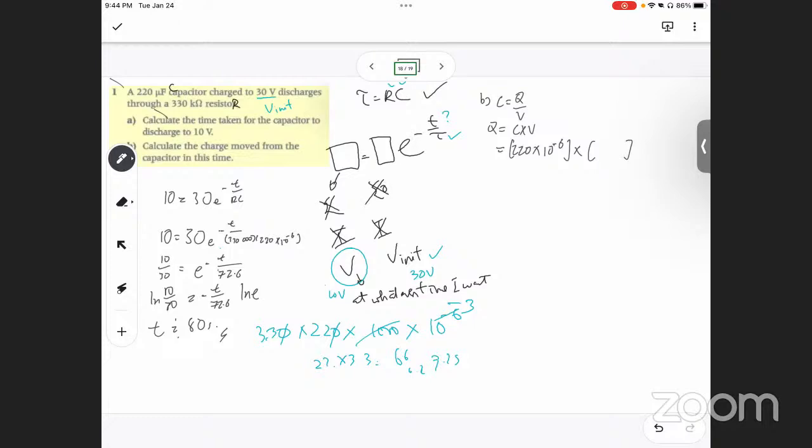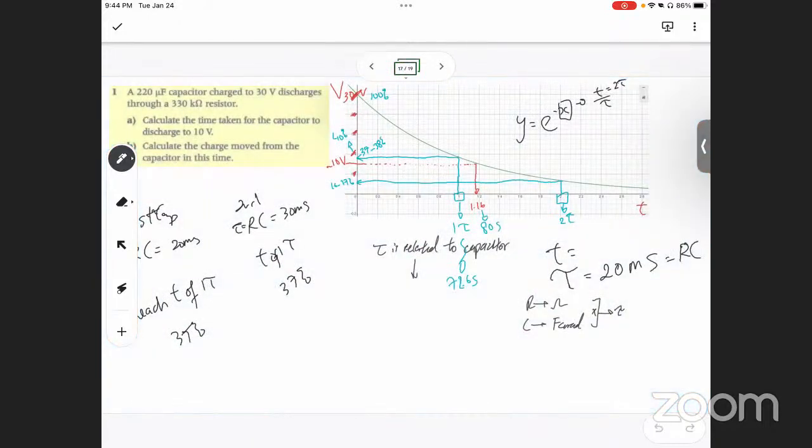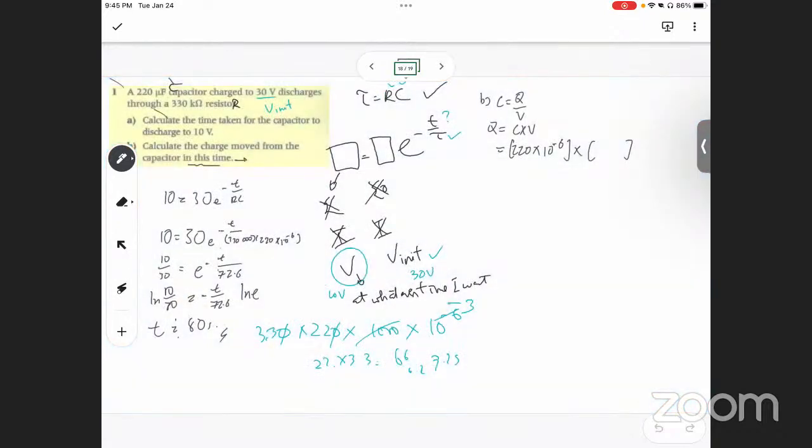Let's think about it. In this time, I don't think the time matters at all. In 80 seconds, it goes from 30 to 10.